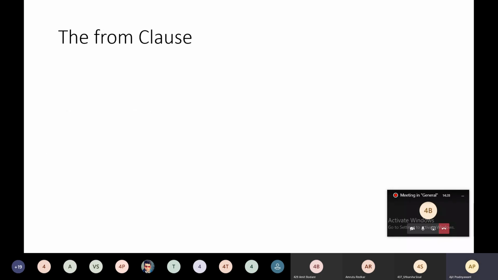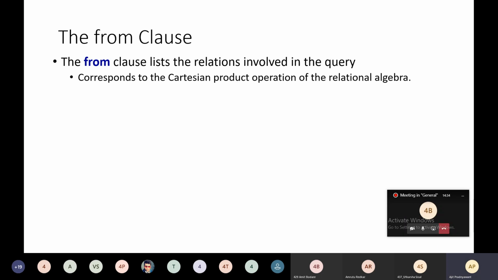Then starting with the from clause. So the from clause lists the relations involved in the query. As we have seen in the last lecture, it includes the relations. For example, select star from student.